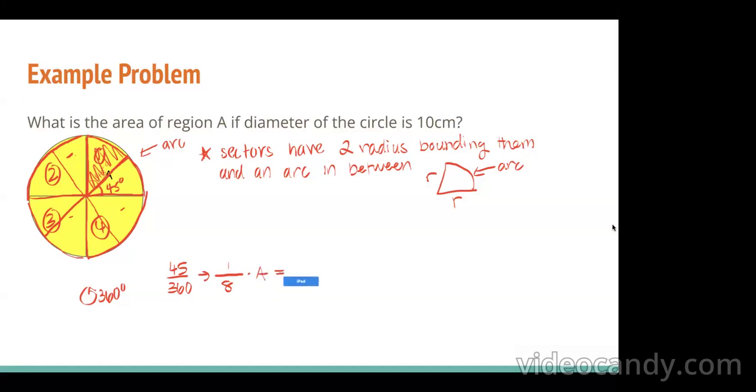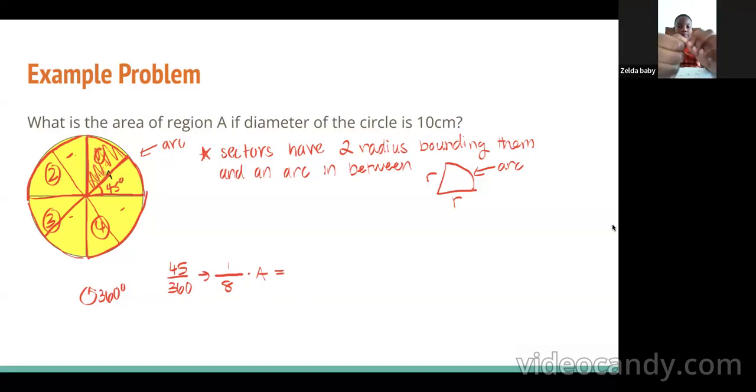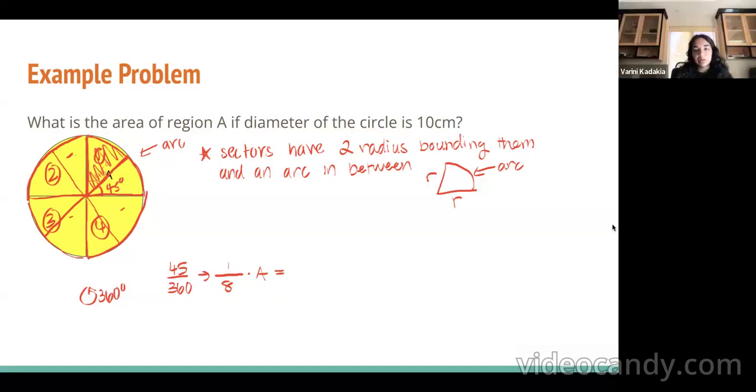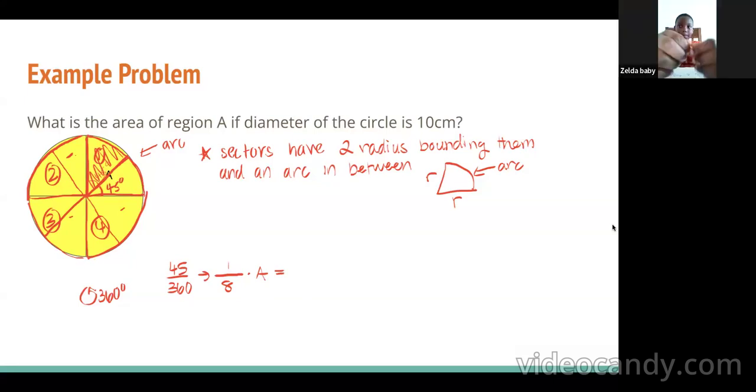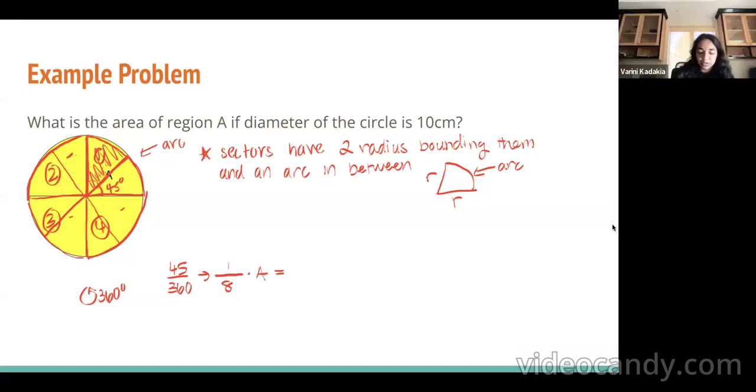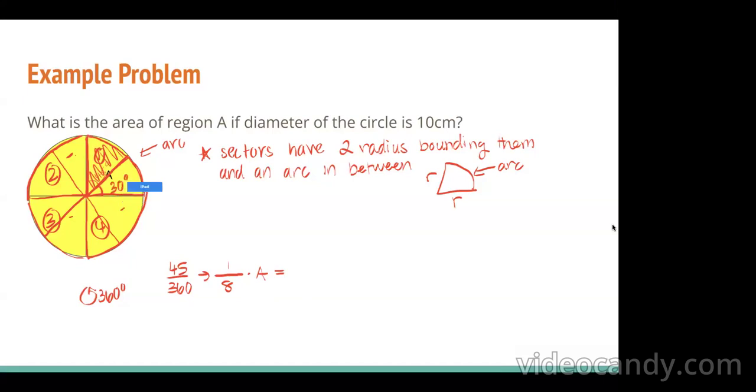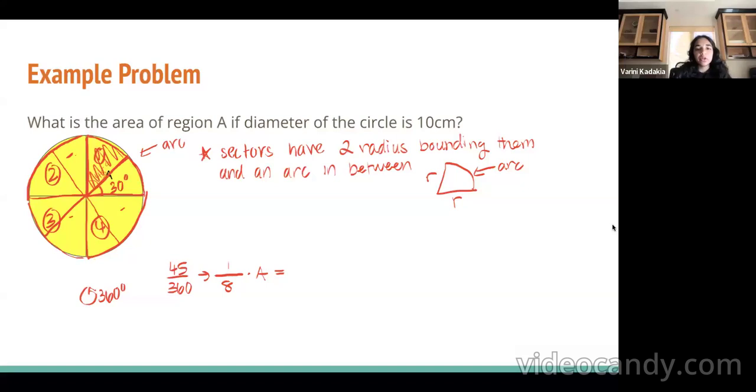Does that make sense? Yes? Okay, so let's say instead of 45 degrees, I had 30 degrees. How many sectors would I have?